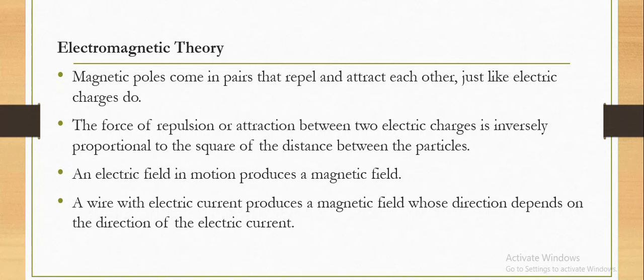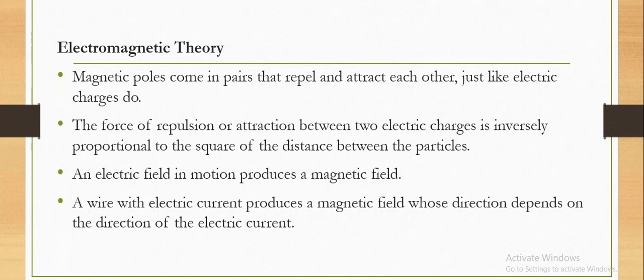The Scottish scientist and mathematician James Clerk Maxwell brought the correlation between electricity and magnetism for the first time using Maxwell's equations. Maxwell's four differential equations unified existing laws of electricity and magnetism such as Gauss's law, Faraday's law, Kelvin's law and Ampere's law. So let us study about electromagnetic theory.